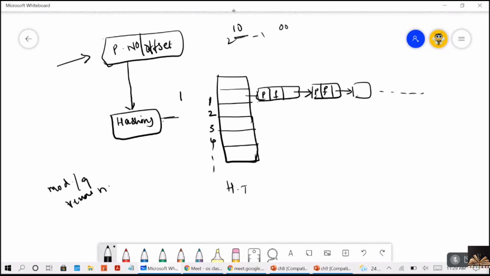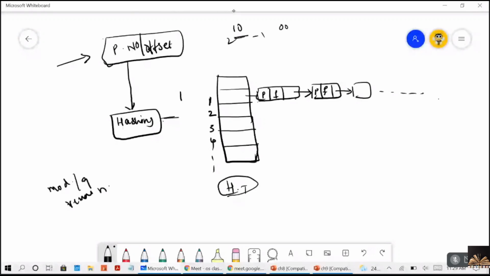Like this I can have any number of entries in the linked list here. You are getting me, guys? Yes or no? That way this hash table will be filled.